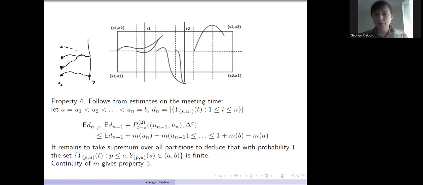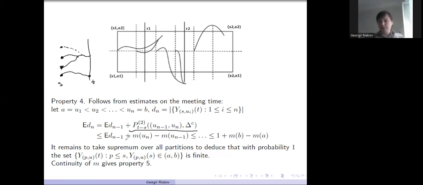So expectation of dn equals expectation of dn minus 1 plus the probability that processes started from un minus 1 didn't coalesce during time t minus s. And we assumed that this probability is estimated by the increment of continuous function m.